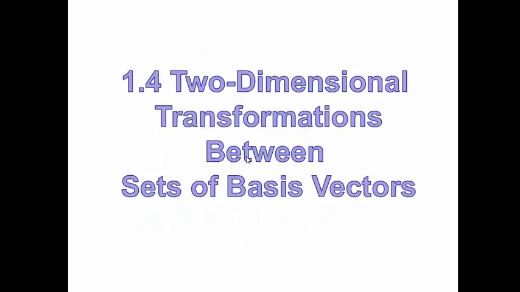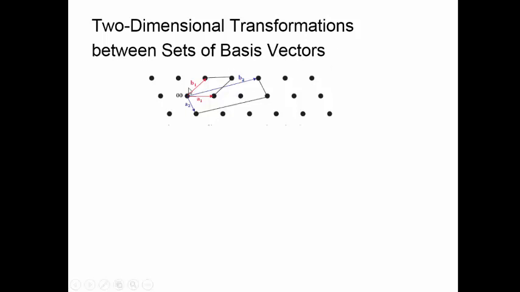Now we'll move on to section 1.4, which is the two-dimensional transformations between sets of basis vectors. First of all, we'll take A1 and A2, we'll lay that out, and then form the unit cell from A1 and B1, and we'll start out with the same origin and have a new A2 and a new B2.